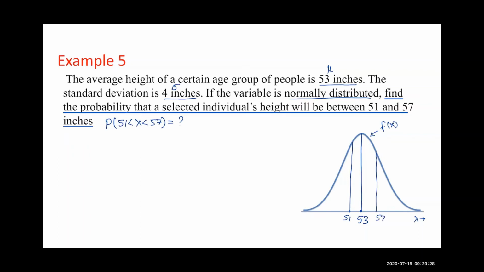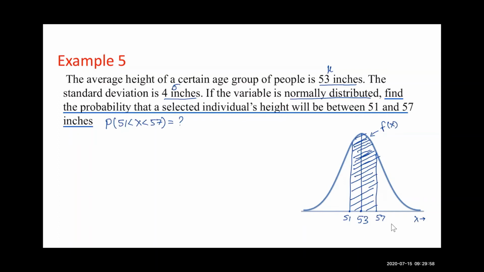So we want to find the probability that the randomly selected X value or the height is between 51 and 57, which is equal to the area between those two. So it is equal to this area. Make sure you label that area, say it like this. So we need to find the probability, which is the same as the area under the curve between 51 and 57.